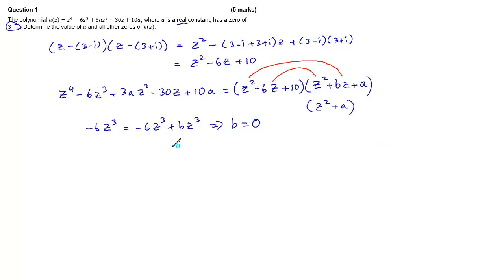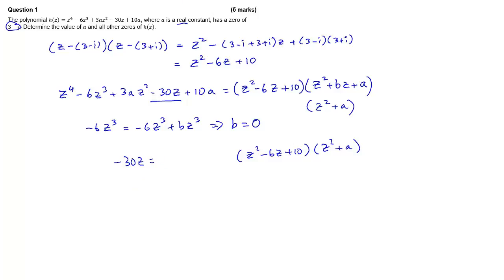So let's look perhaps at the z term. So where are we going to get those from when we have z squared minus 6z plus 10 times z squared plus a? So we know this is minus 30z.